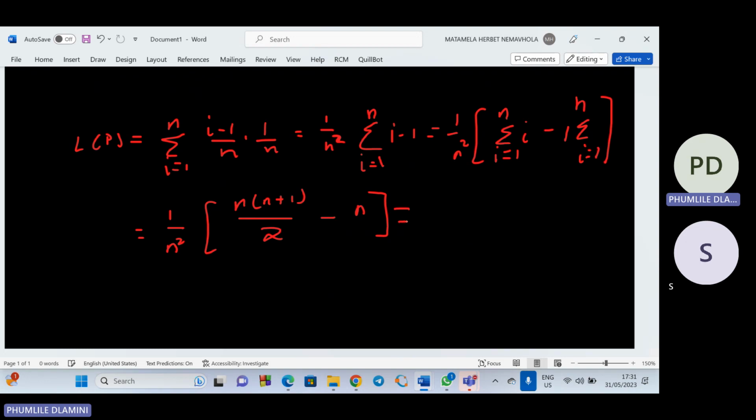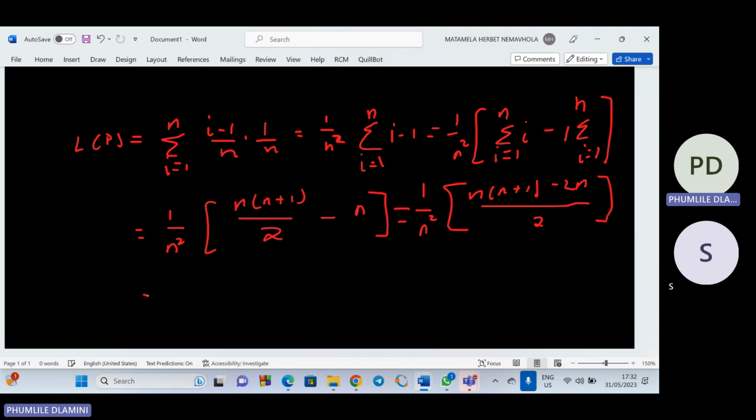Then if we do our calculations, you will see that we're going to have n in brackets n plus 1 minus 2n over 2.